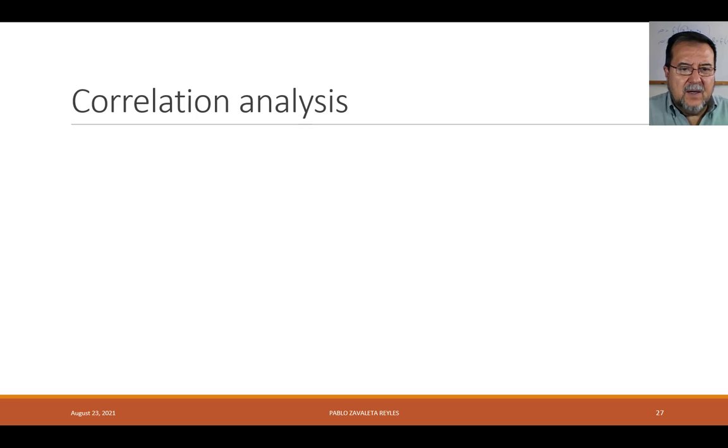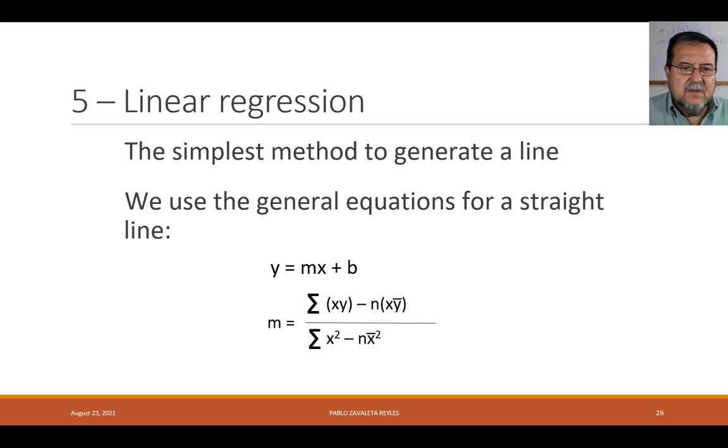This is the general line equation. This is the m, which is the slope. This is the origin, x-axis, and we have this equation to calculate m.